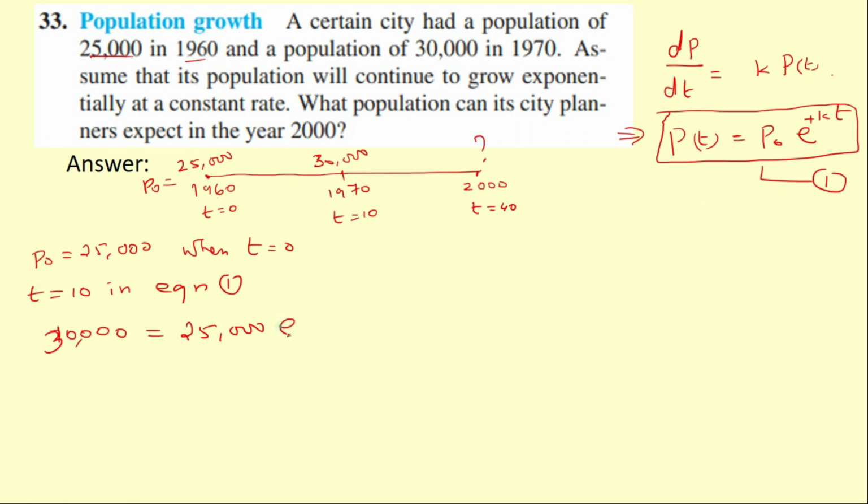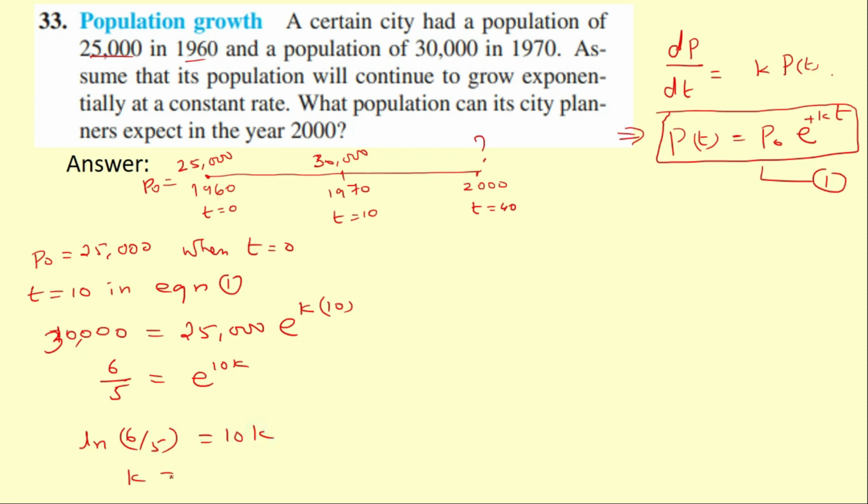So this is e raised to k times t, t is 10, and divide by 25,000 on both sides. You will get 30 over 25, which is 6 over 5. The right hand side is e raised to 10k. If you want to remove the exponential, take ln on both sides. It will be ln 6 over 5 is equal to 10k.